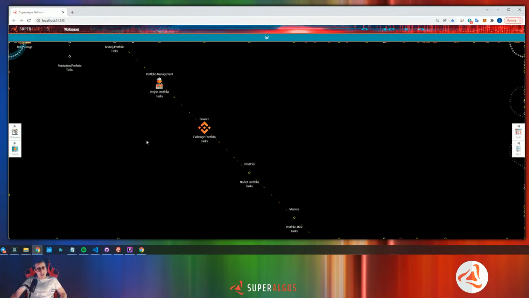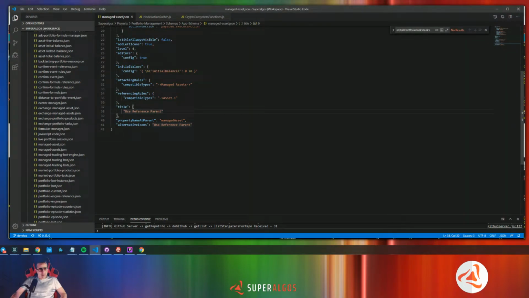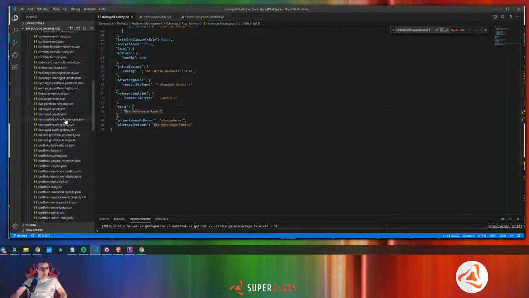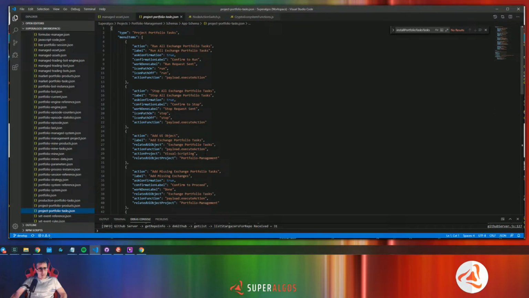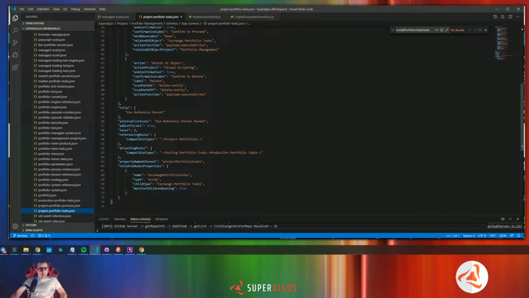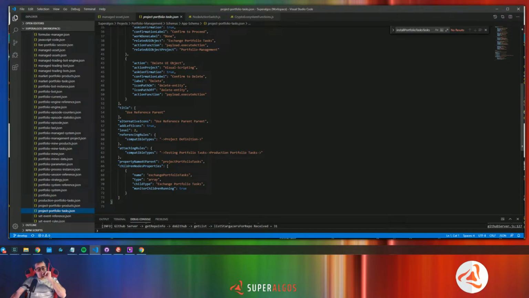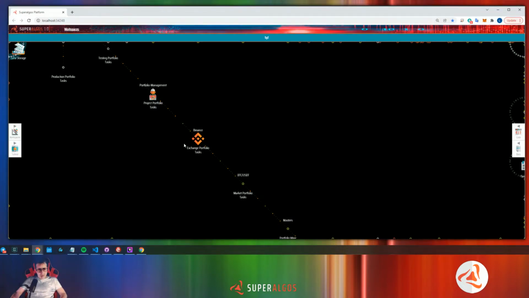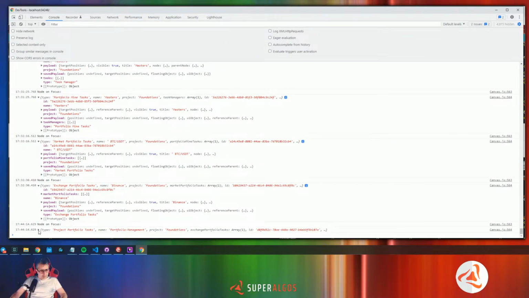project portfolio tasks, is this also from, yes, this is also from, this should be, but we are setting this in foundation.